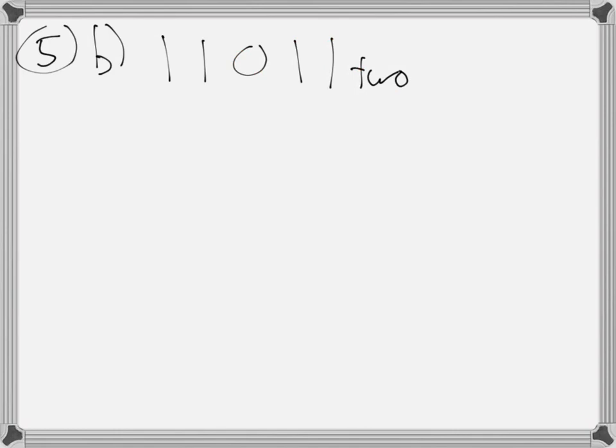So this is a base 2 number. Remember how the place values go. It starts in the ones place, and it goes times 2, times 2, times 2, times 2, right? Getting that okay? Take it from there.